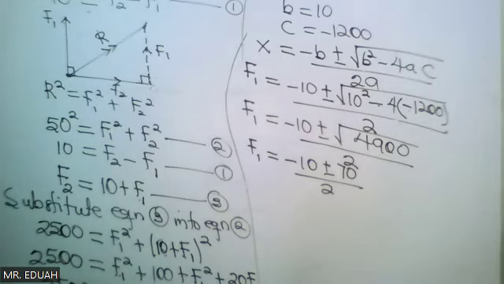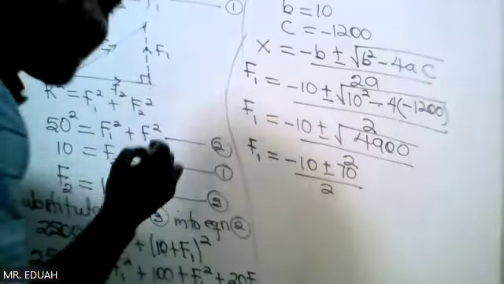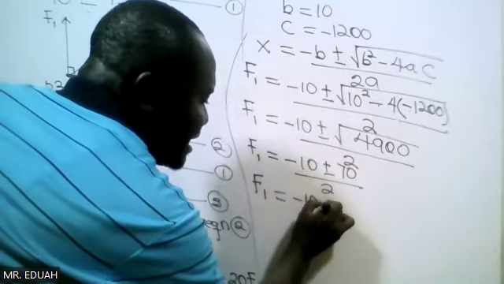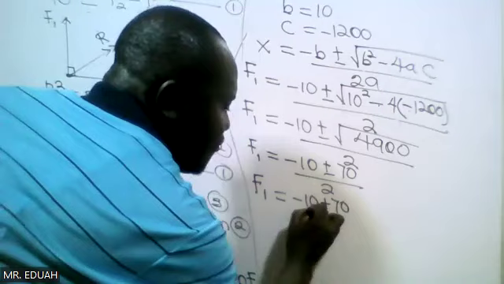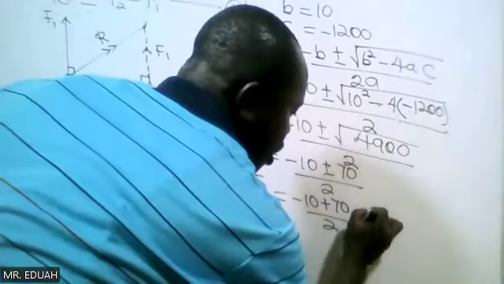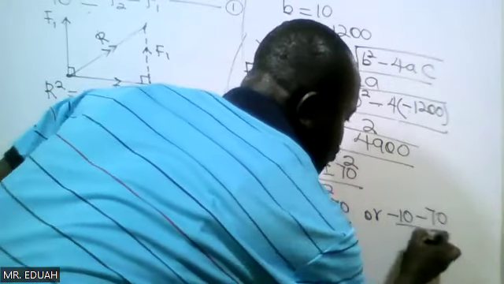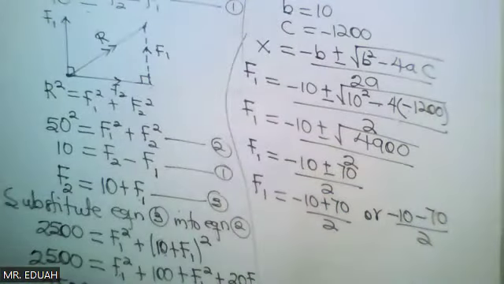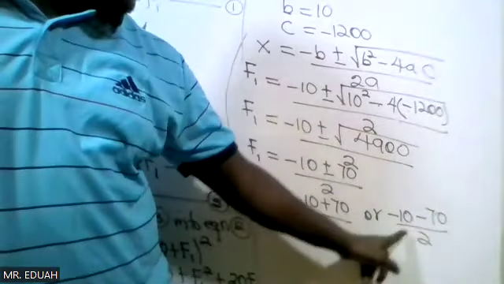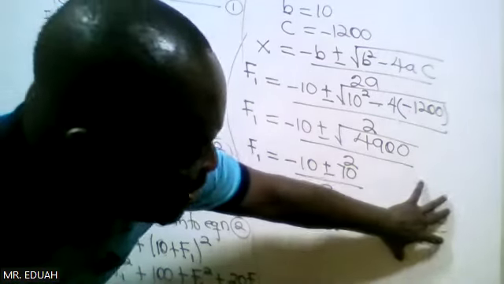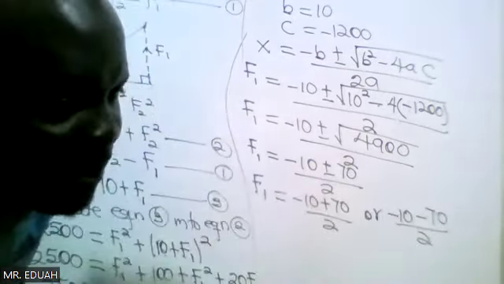over 2. Now, Paulette, look here. From what we have, it means F1 would be minus 10 plus 70 over 2, or minus 10 minus 70 over 2. If you look at this, this will give you negative, and we don't have anything like negative force. So we ignore the negative and only look at the positive.